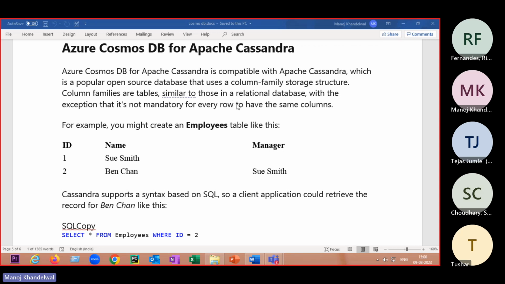Column family, you can group many columns into a particular column family. Normally, you see that every data has only one column, right? But you can group into a column family also. So these are nothing but tables similar to those in relational data, with the exception that it's not mandatory for every row to have the same columns.